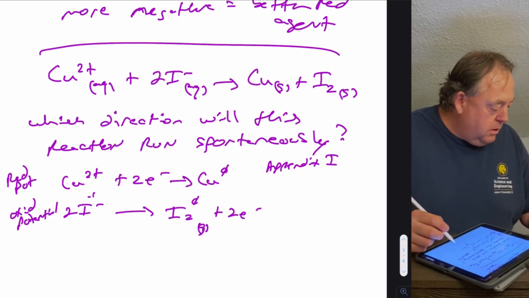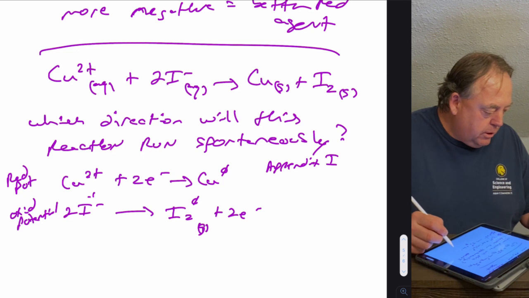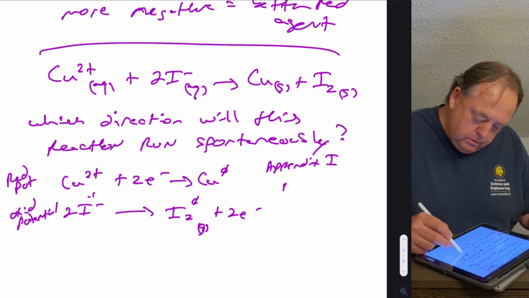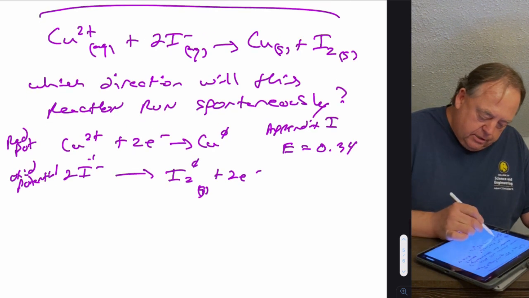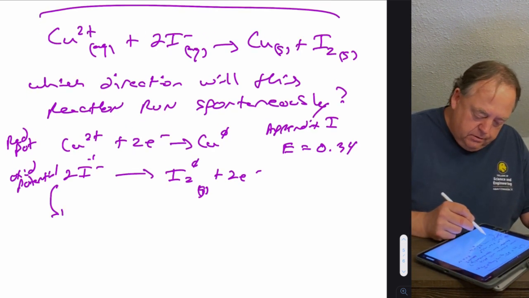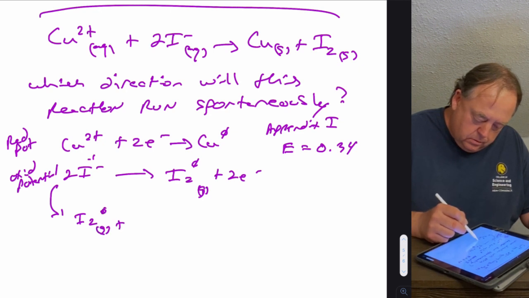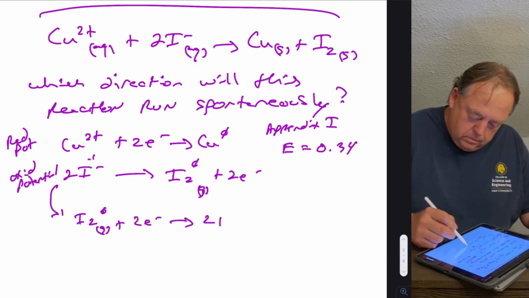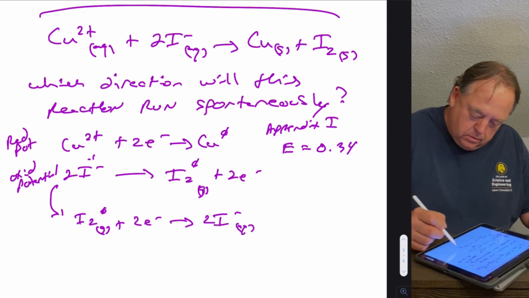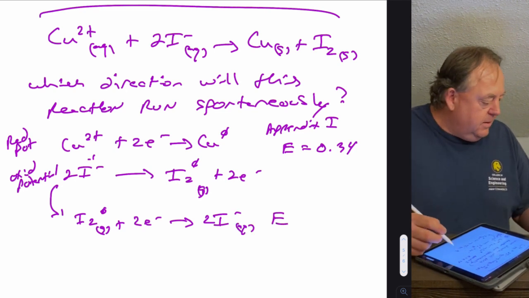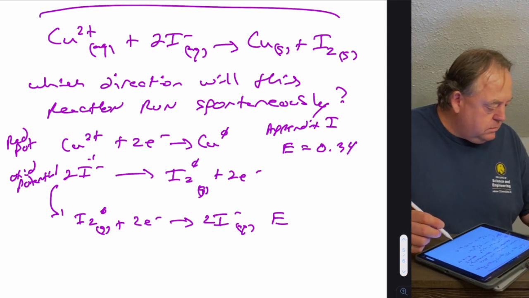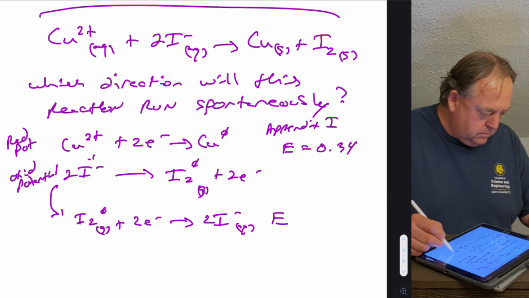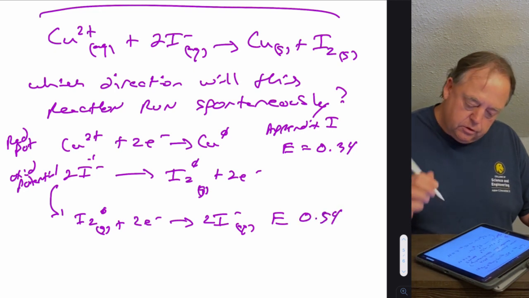For copper, Cu2+ plus 2 electrons will become copper 0, E is 0.34. And if we just reverse this and write it as a reduction potential, this would be what you find in the table: 0.54.